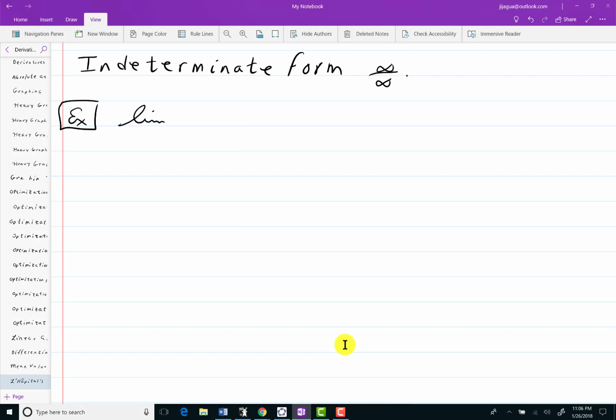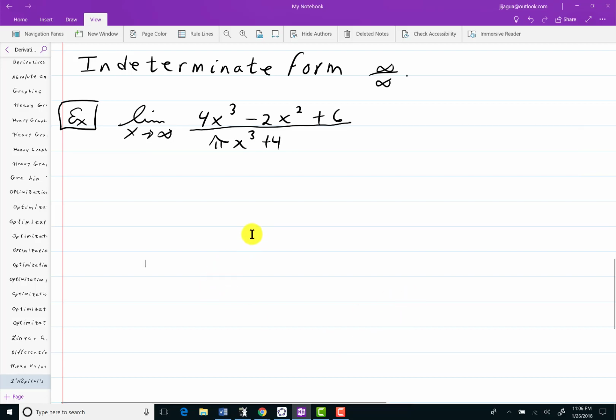We'll do the limit as x goes to infinity of 4x cubed minus 2x squared plus 6 over pi x cubed plus 4. Now you may remember when you're dealing with a rational function, if the highest powers of the numerator and denominator are equal, then you simply take the quotient of the leading coefficients. So the answer to this will be 4 over pi. However, let me go through L'Hopital's rule just to show you that that works.